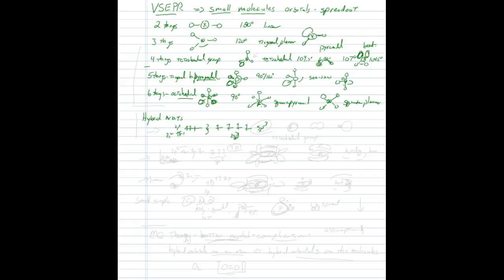When you look at these hybrid orbitals theoretically, an s orbital would be spherical, and a p orbital would look like dumbbells. A hybrid orbital has a node and an antinode, or a lobe and an antilobe.